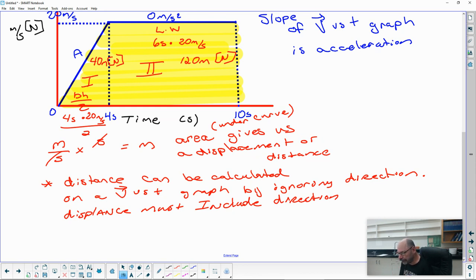If we had a curved line, we'd have to use some calculus. Now we don't have calculus in our math repertoire at this point in our careers, so we can only do straight line graphs. If we had curved graphs, we could take derivatives and integrals and figure out areas under the curve.